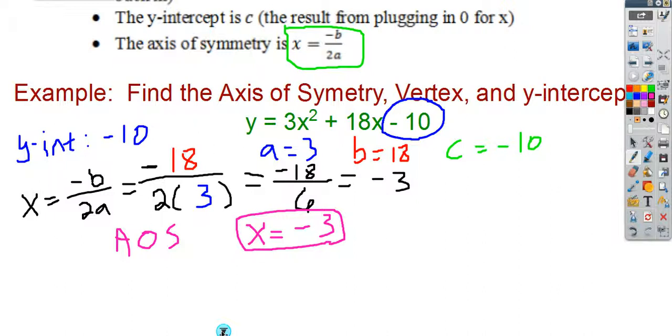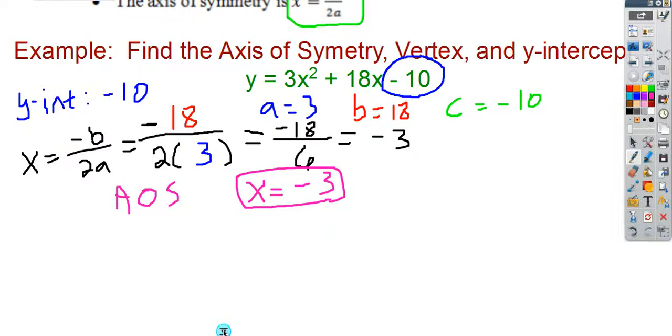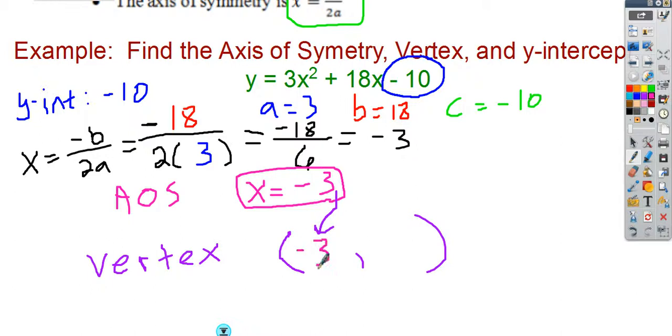Okay, so for the vertex, I want you to realize it's always written as a point. Okay, it's either your maximum or your minimum point. And we know that the axis of symmetry, okay, is always our x value of our vertex.